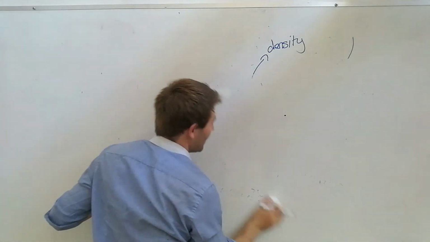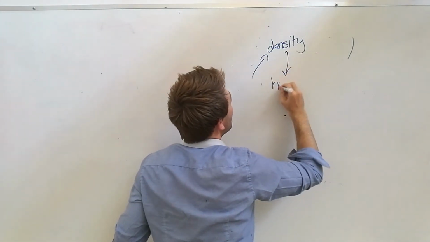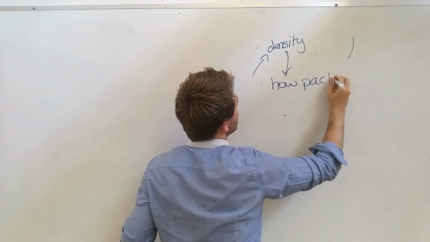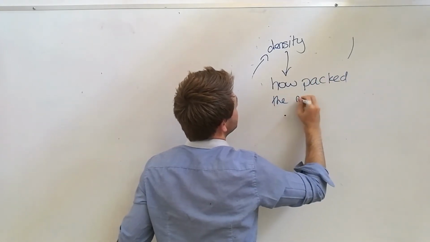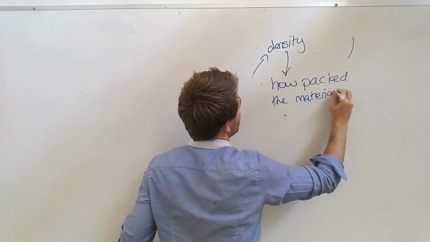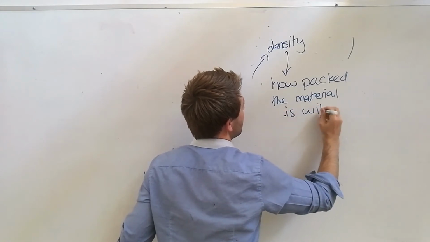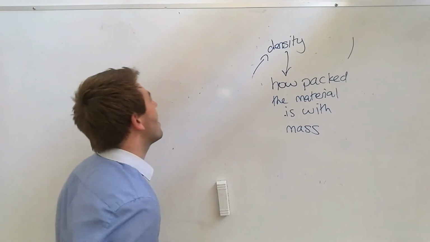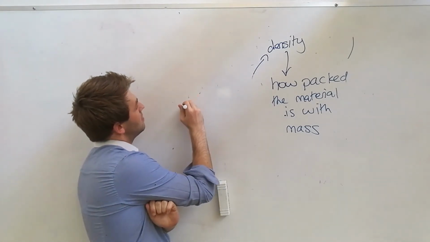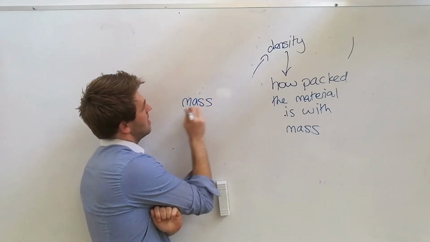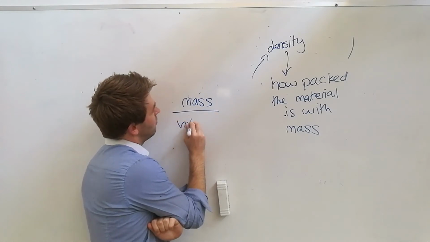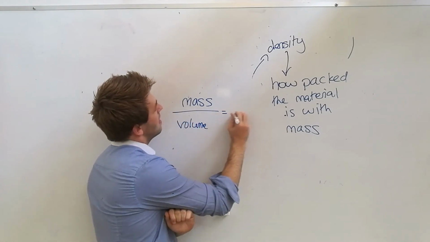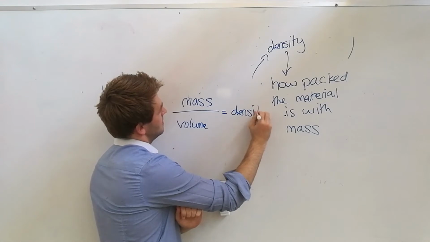Density is how packed the material is with mass. So if I have the mass and I divide it by the volume, I get the density.